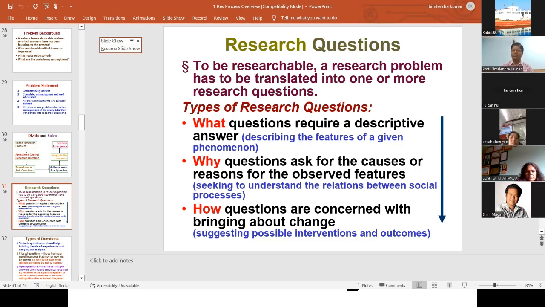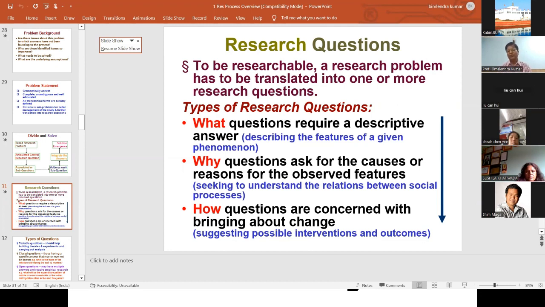Any questions or inquisitiveness related with the research scholar, these are mainly the three questions which arise in the mind: why is it happening, what are the things which are happening, and how are these happening. So these are the three questions.